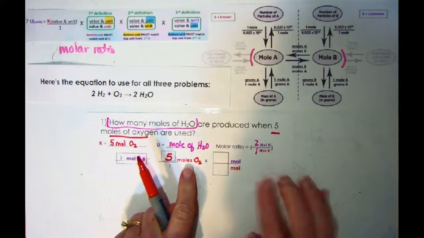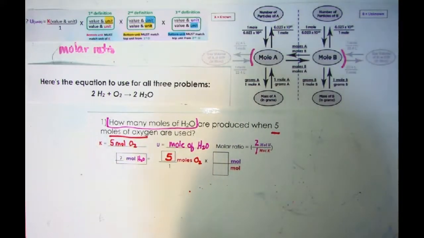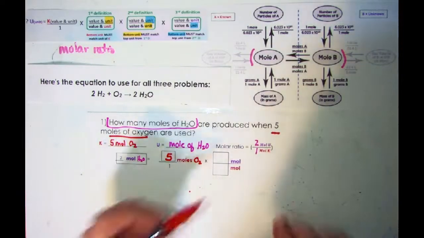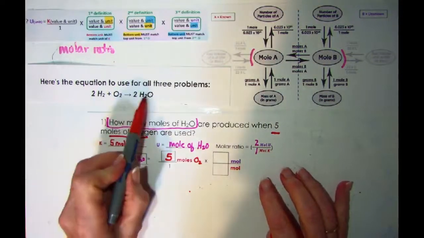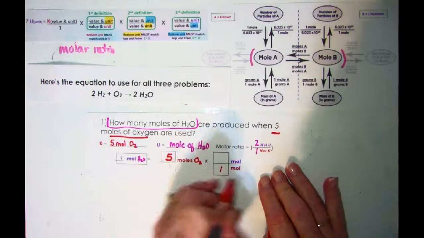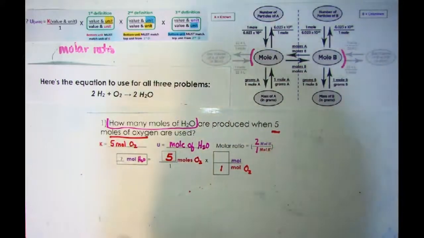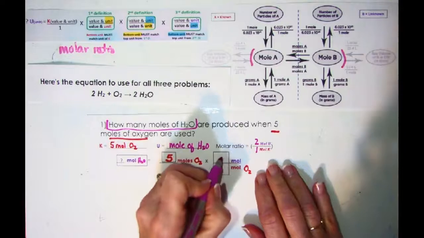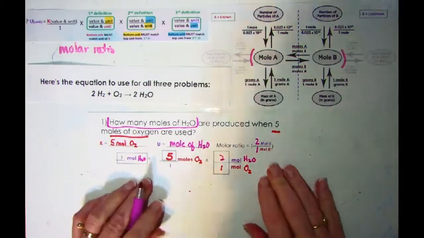The only thing we have to do is put in the molar ratio, based on the equation: 1 mole of oxygen and 2 moles of H2O.